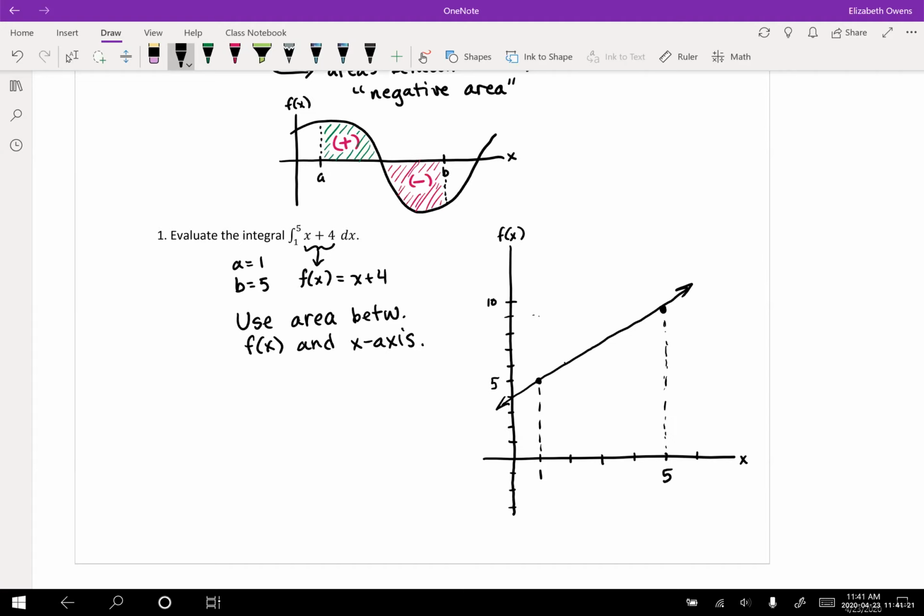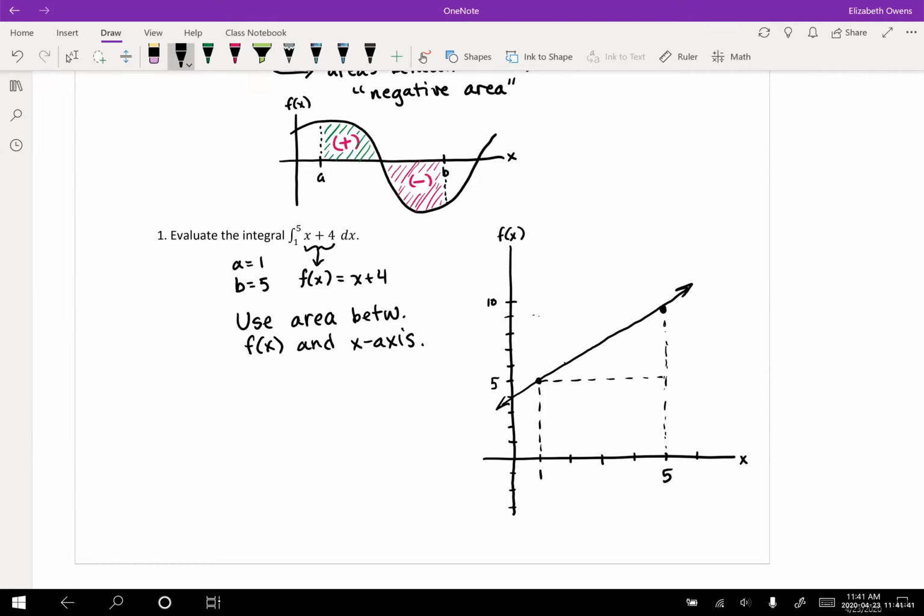There is no area below the x-axis in this case, so we don't have to think about negatives quite yet. We'll get there though. All right, so we can do our approach like we did at the start of section 5.1 to this particular function.